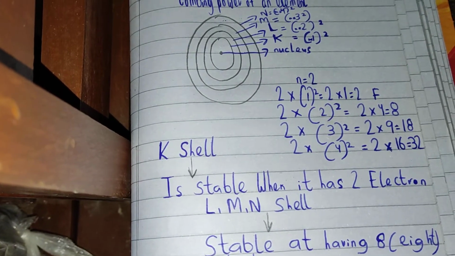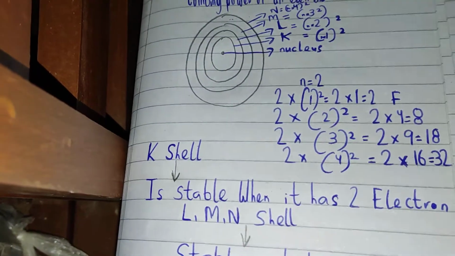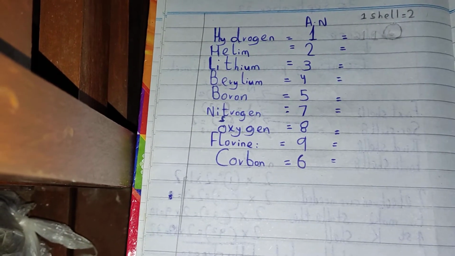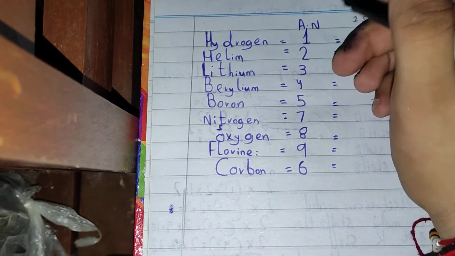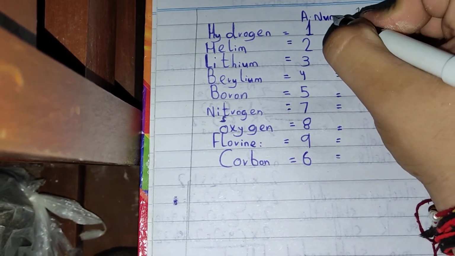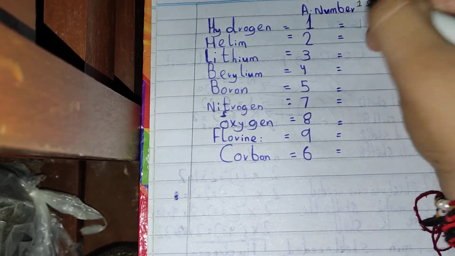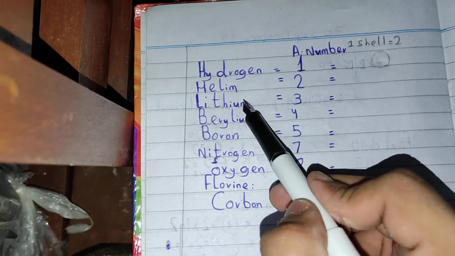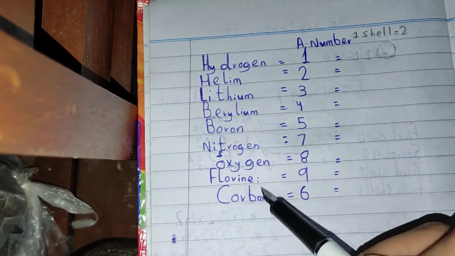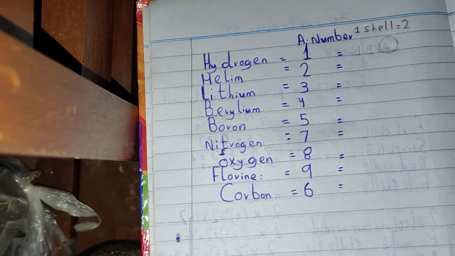Now I'll tell you how we can find the valency. I have already written the atomic numbers, and these are the names of the elements: hydrogen, helium, lithium, beryllium, boron, nitrogen, oxygen, fluorine, carbon. These are the 9 elements.